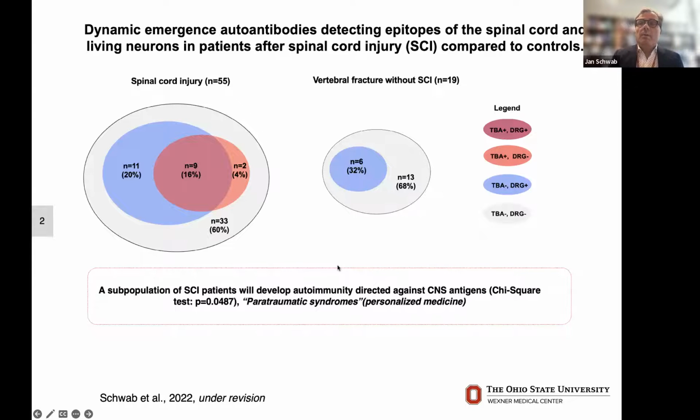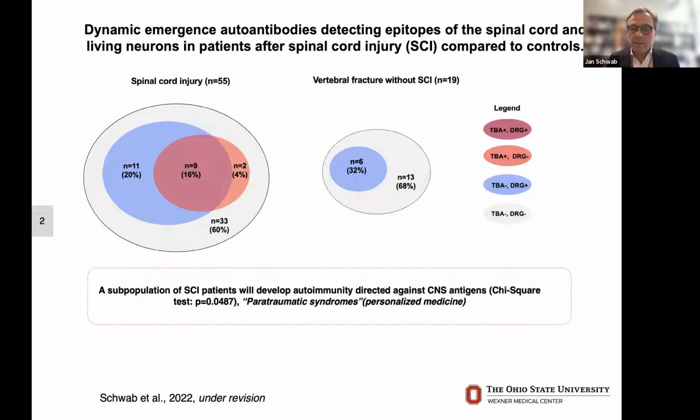So what does this now mean? Of course, this is early days, but it appears that a subpopulation of spinal cord injury patients can develop autoimmunity, which is directed against CNS antigens. And quite in analogy, as we already know from paraneoplastic syndromes, patients with tumors also can produce aberrant antibody responses.